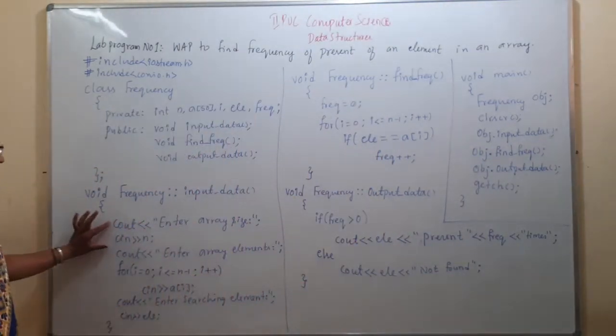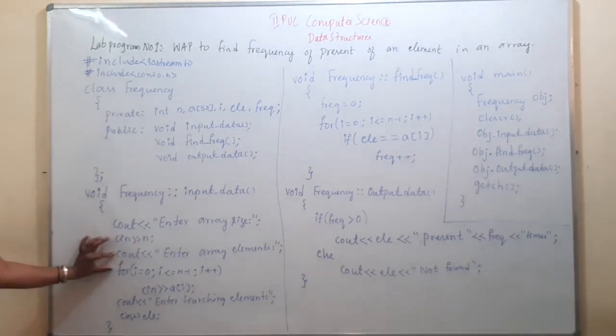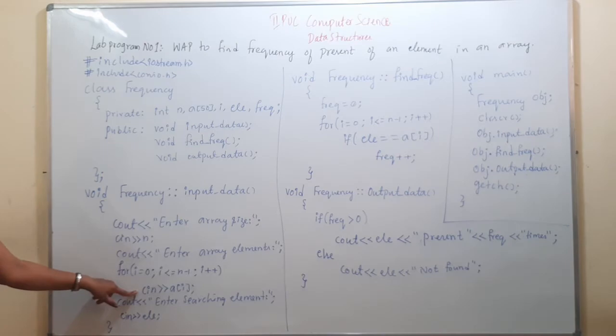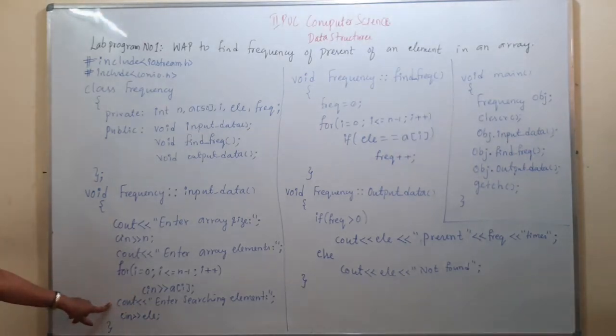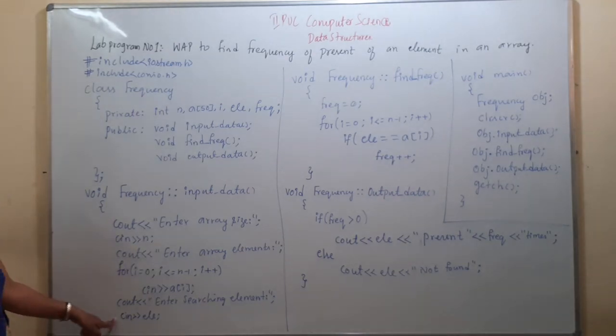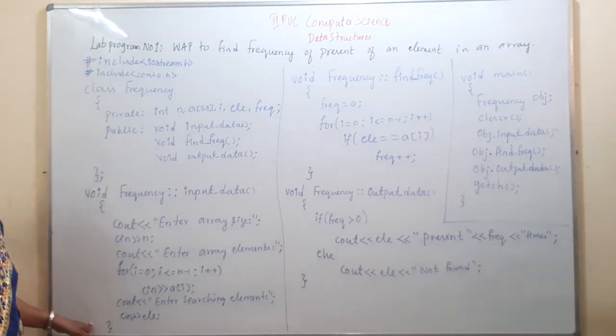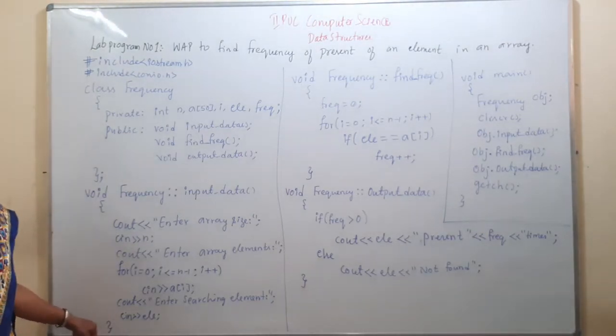Okay, so here cout enter array size, cout enter array elements, accepted with a single for loop into a one dimensional array, and the searching element. Did you notice that up to here? This complete part is common for program number 1 and program number 5.